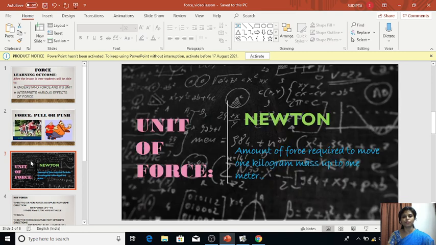Then next, unit of force. What is the unit of force? Unit of force is Newton. And what is the value of Newton? It is the amount of force required to move 1 kilogram mass up to 1 meter, right? So if 1 kilo mass can be moved 1 meter, then that is called 1 Newton force.